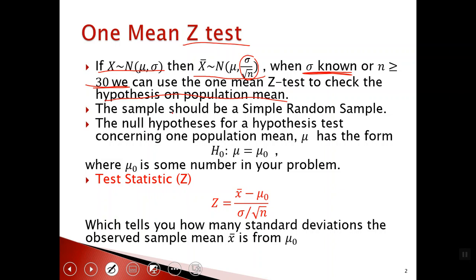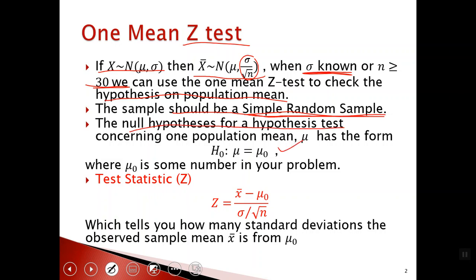The sample should be a simple random sample. These are the basics, you know these things. Before we do this hypothesis test, we should make sure that we have fulfilled these conditions. So we have a simple random sample, and we have a null hypothesis for the hypothesis testing.